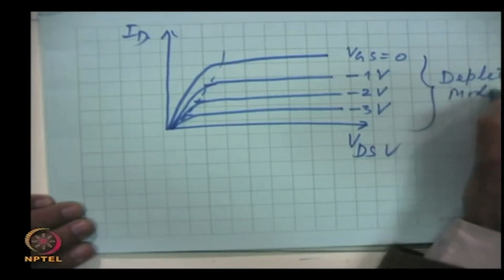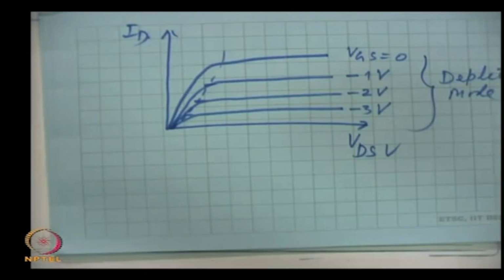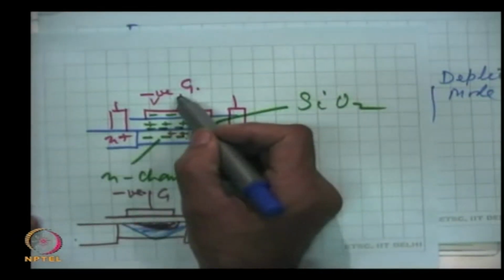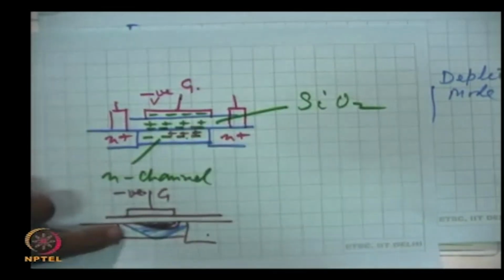mode for the device. Now, if you have followed this, a negative voltage induces a depletion region, because positive charges will be induced in the channel and that will take some of the negative mobile charges of the channel, and hence the conductance will fall.